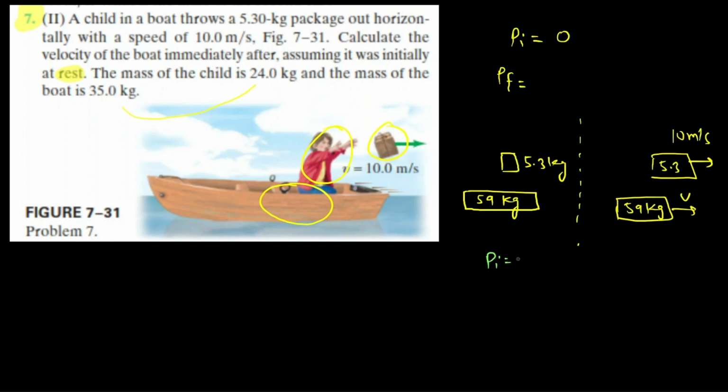Initial momentum is 0. The final momentum is 5.3 multiplied by 10 plus 59v. That is 53 plus 59v, and it should equal the initial momentum, which is 0.